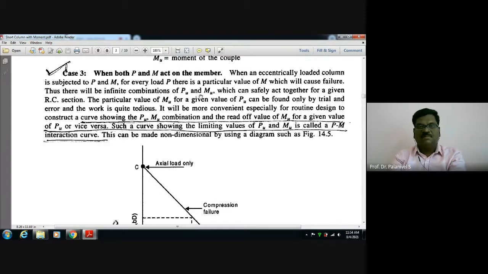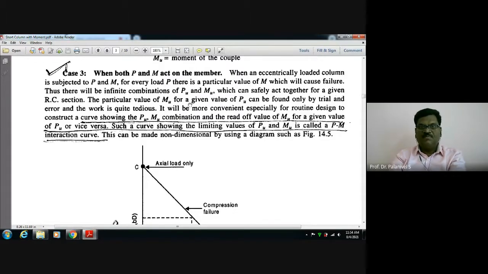However, there are infinite numbers of combinations between PU and MU, by the combined action of which the failure will be caused in the column, which can safely act together for a given RC section. There are infinite combinations of PU and MU which can safely act together for a given RC section, or which will cause failure of the RC section.